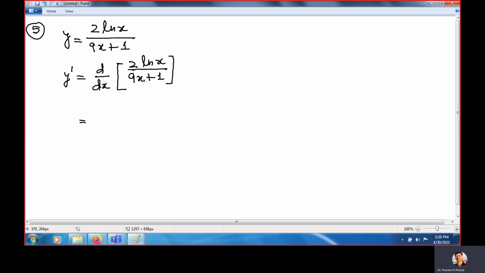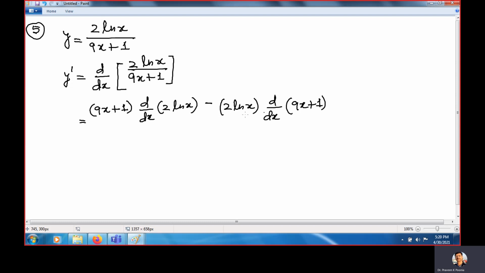And if you see, here is the up function, the down function, sorry, 9x plus 1, and the derivative of the up function 2 ln x, minus the up function and the derivative of the down function, upon the down function whole square.